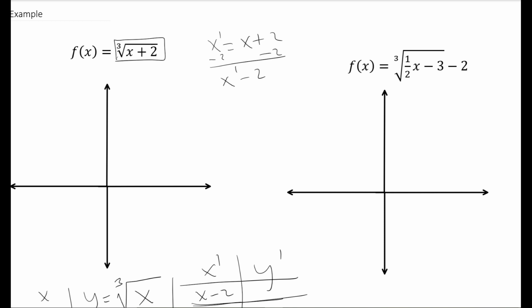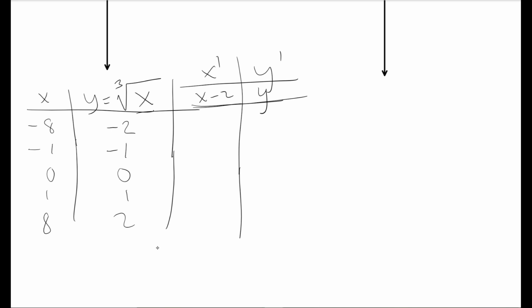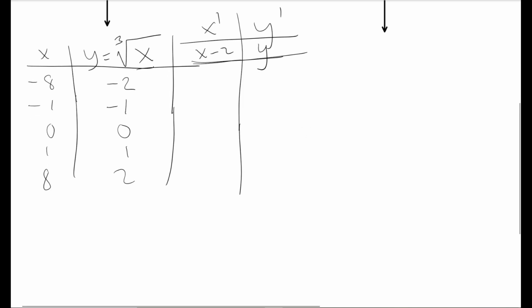Nothing is being done to this radical, so the transformation is simply going to be y. So when x is -8, then -8 minus 2 is -10. When x is -1, then -1 minus 2 is -3. 0 minus 2 is -2. 1 minus 2 is -1. And 8 minus 2 is 6.